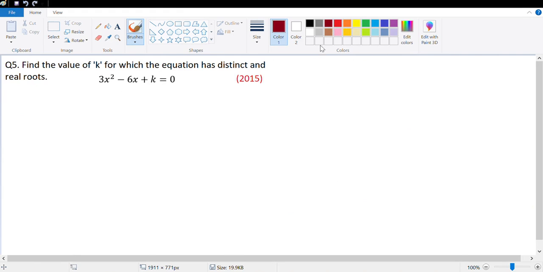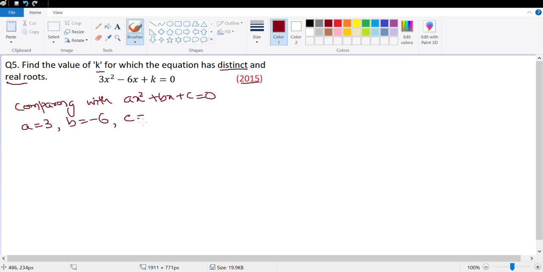Question number 5 says, again this is a board question, appeared in 2015. Find the value of k for which the equation has distinct and real roots. So distinct would mean unequal, which means we are looking at D is more than 0. So comparing with ax square plus bx plus c is equal to 0, we get a is equal to 3, b is equal to negative 6 and c is equal to k.